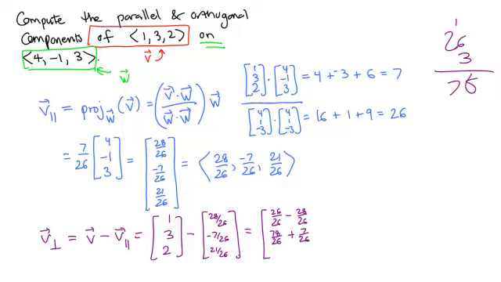And then reading across the bottom row, we're going to have 2, which is 52/26, minus 21/26. And so if we clean this thing up, the first component is going to be 26/26 minus 28/26, or negative 2/26. The second component is 78/26 plus 7/26, which would be 85/26. And the third component is 52/26 minus 21/26. Whew, that's tough to say, which would be 31/26.